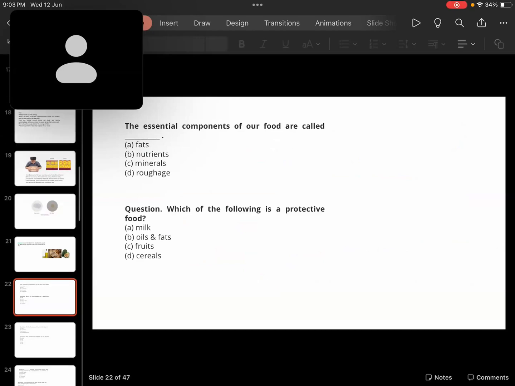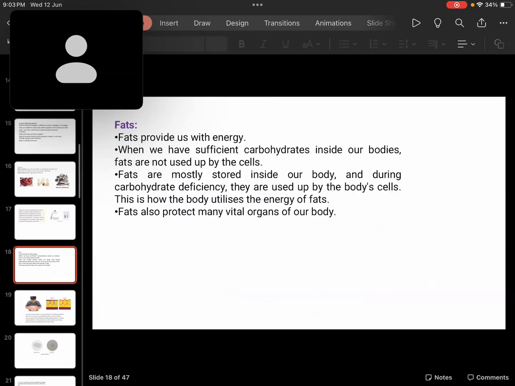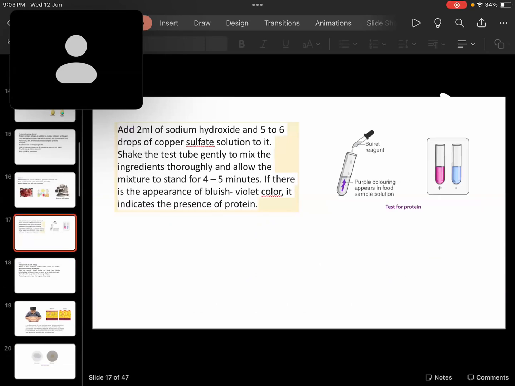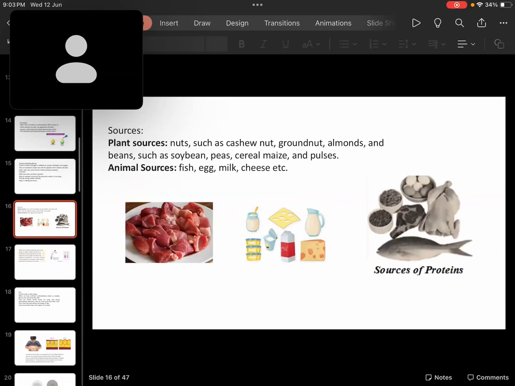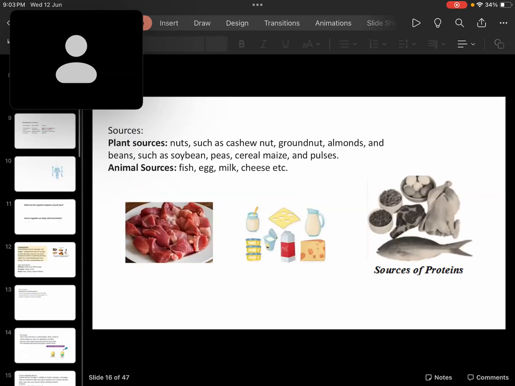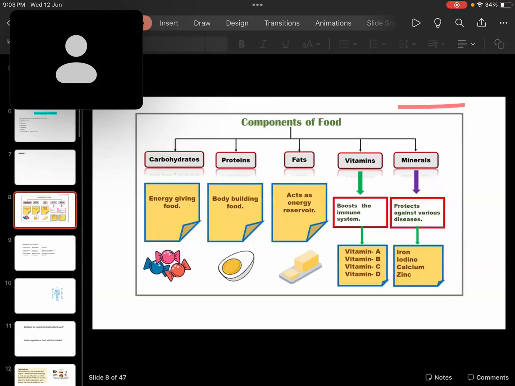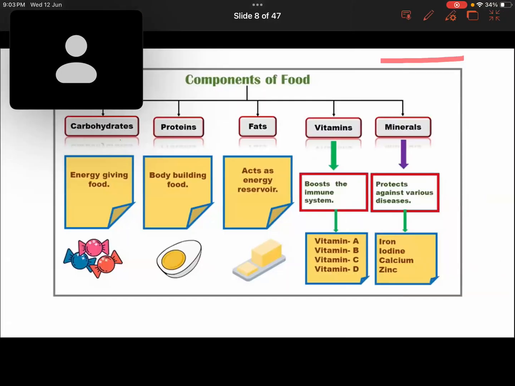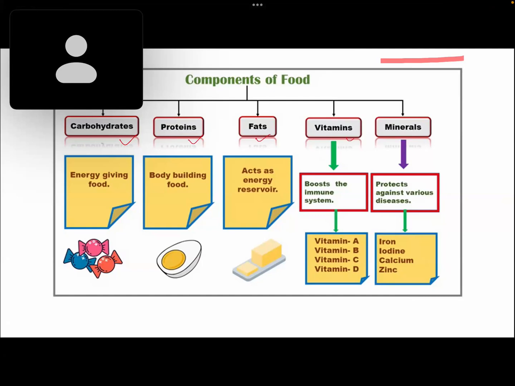Okay. So in the previous class, we learned about all those components found in food, right? We learned pretty much everything. We learned about carbohydrates, proteins, fats, vitamins, minerals. We also learned how to test for the presence of components like protein or fat in a given food item.